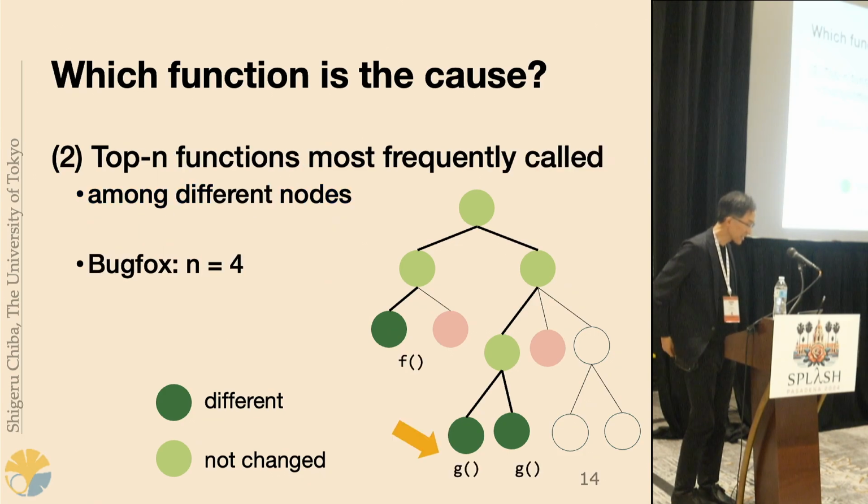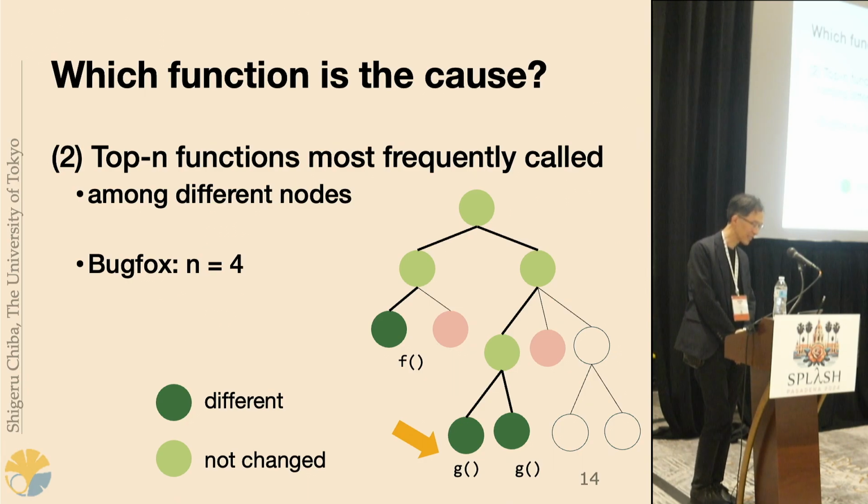And the second heuristic is maybe the function causing the regression will be frequently called, will be called many times. So it counts the number of calls. It counts the number of occurrences of every different node, and the most frequently called node should be the cause.